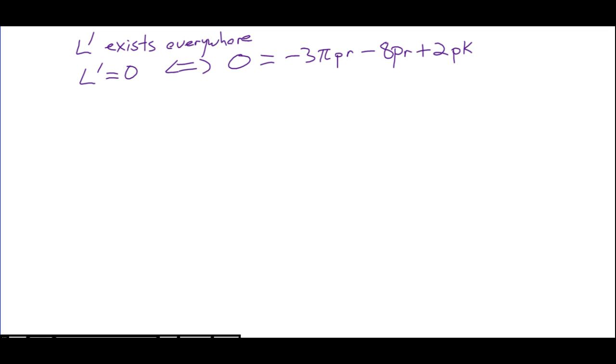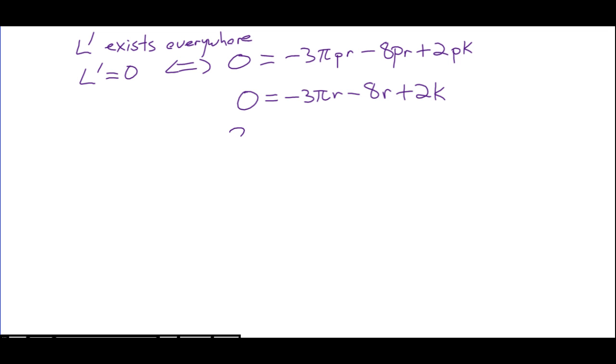Okay. You notice all the p's? They all got p's, so we can divide both sides by p. Okay. So let's do that. So 0 is equal to negative 3 pi r minus 8r plus 2k. Okay, so it doesn't depend on the amount of light that's being let in.